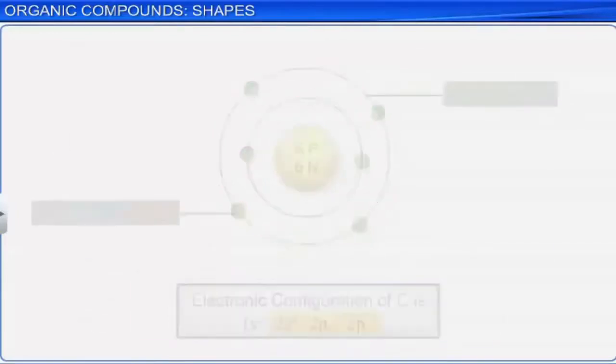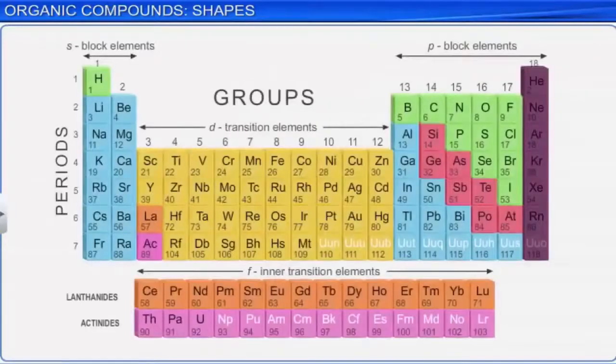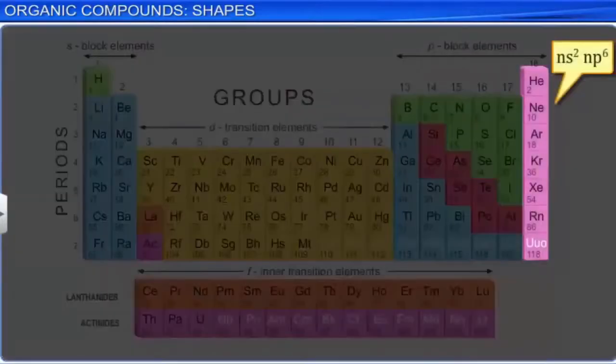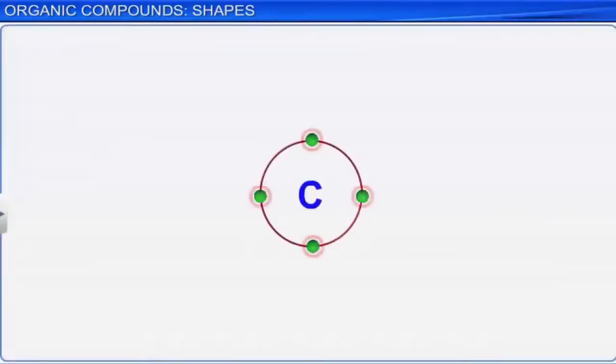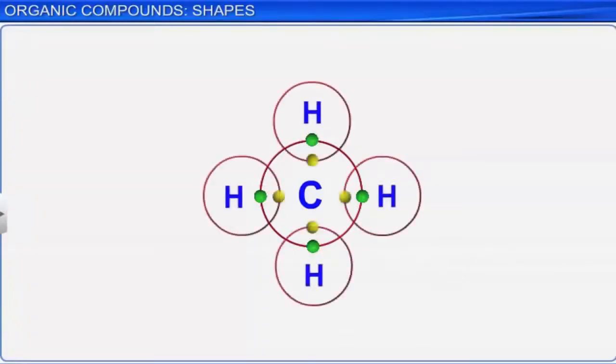All elements tend to complete octet in their valence shell to become stable. Since carbon has 4 electrons in its valence shell, to complete its octet, the valence electrons of it form 4 covalent bonds with atoms of other elements.